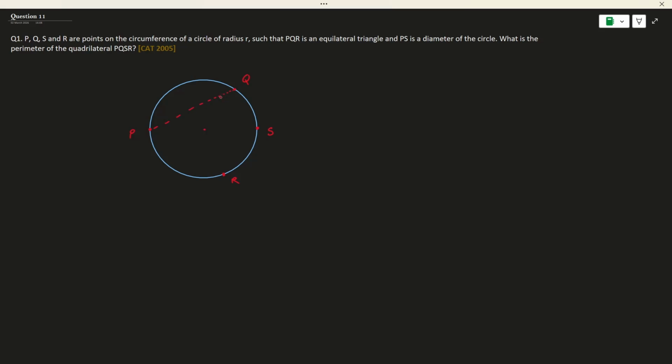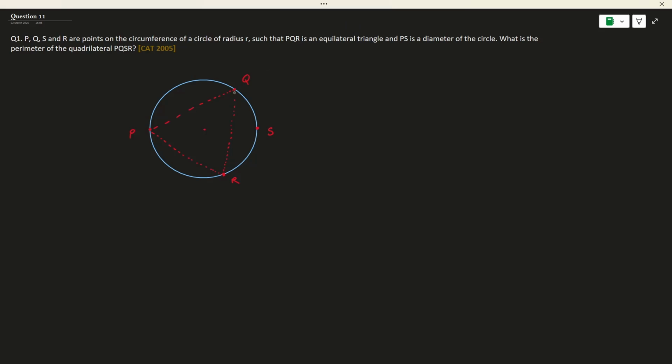I will join the points PQ, QR, and PR to form a triangle PQR, and it is given that PQR is an equilateral triangle. What is the perimeter of the quadrilateral PQSR?